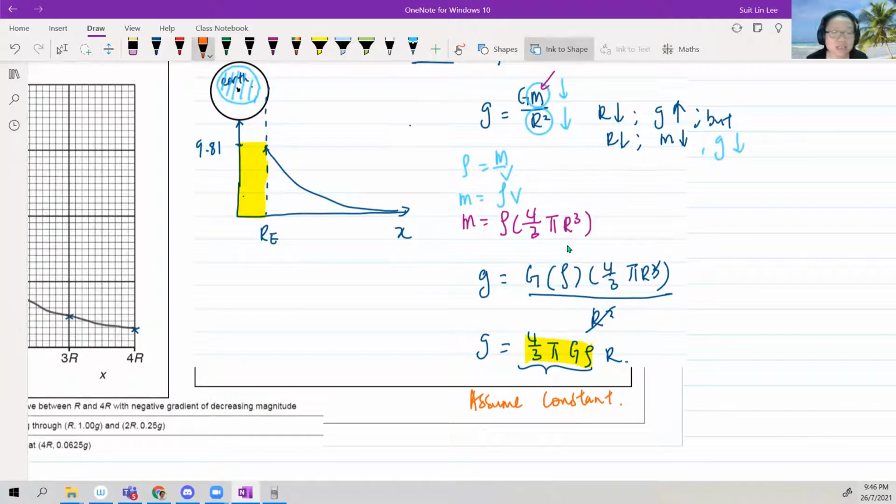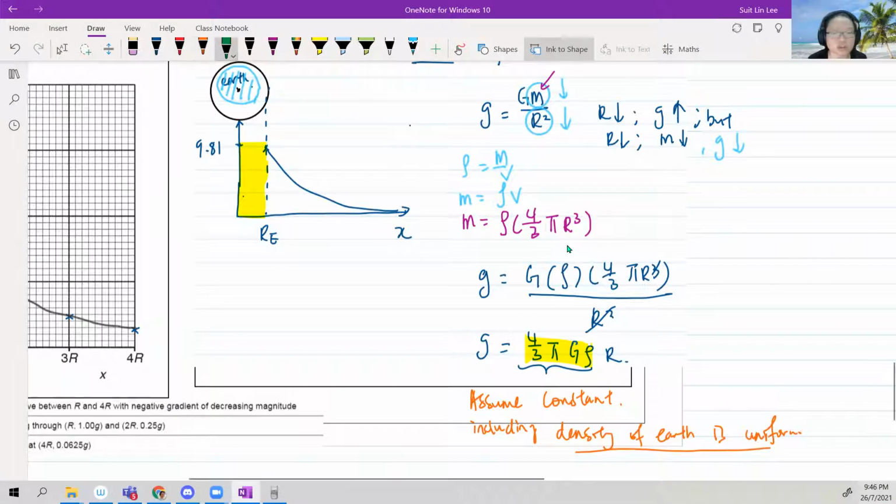All right. So assuming this is constant, sometimes they can ask you what things could make this not constant. Remember, the density of the Earth is not uniform in reality. So all these things, I can write this equation now as g equals kr.